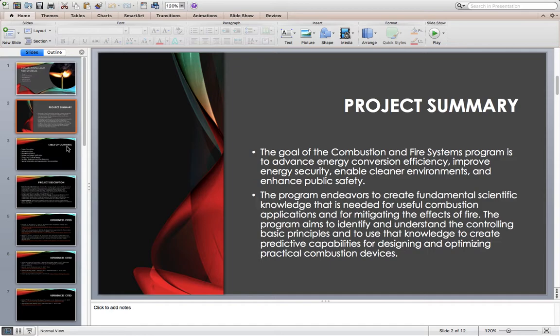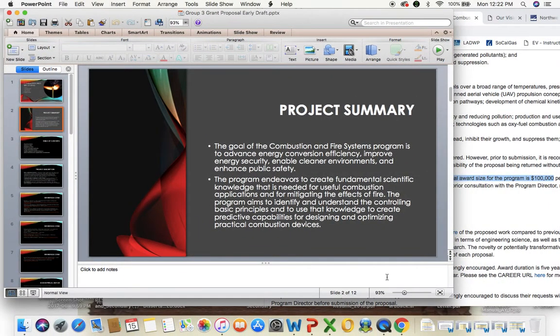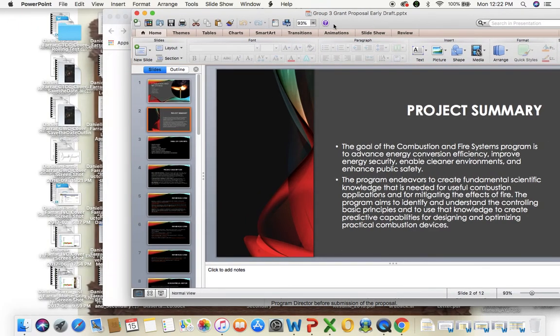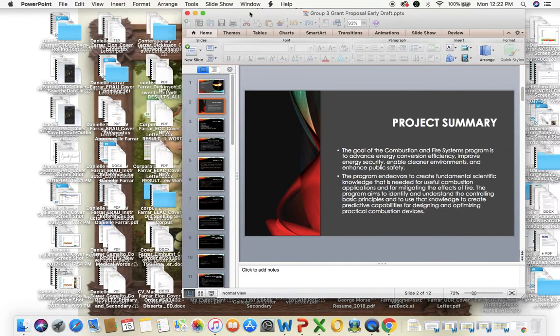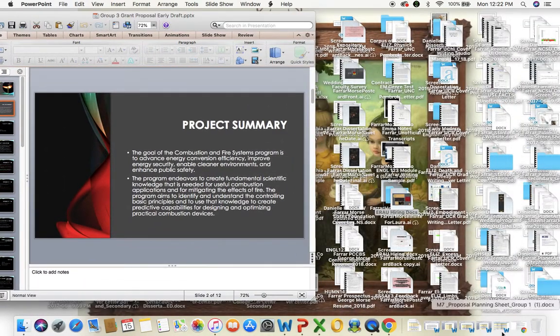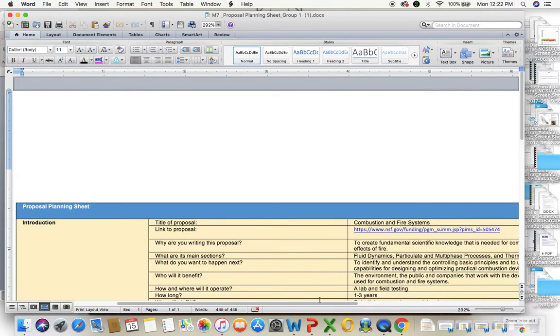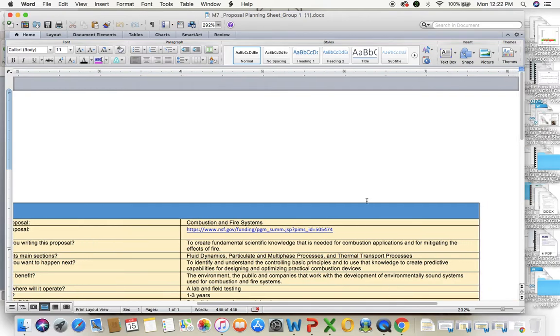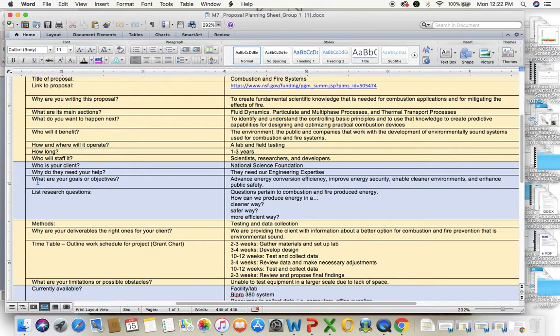I was wondering if that was the case because you did identify your client as the NSF. So if I could find it, I'm not going to be able to find anything on here anymore because I closed everything. Group, here you guys, here you are. Sorry, I'm just trying to find the place. So you say, who is your client?